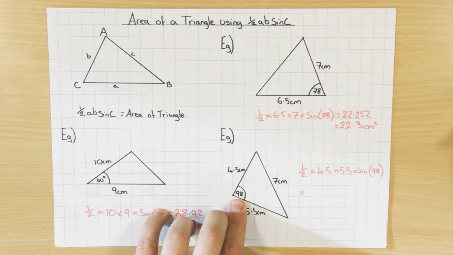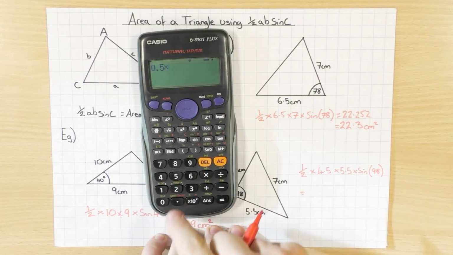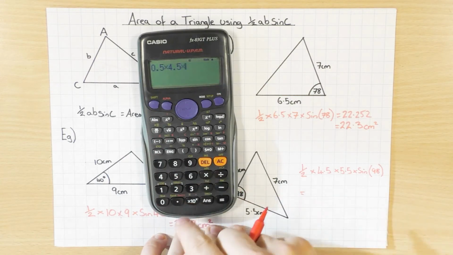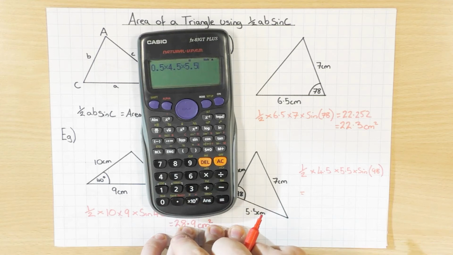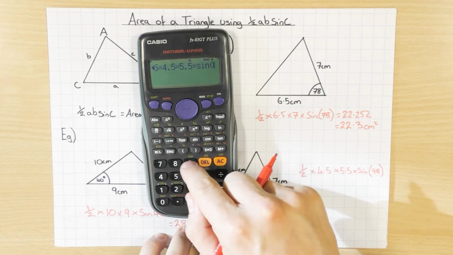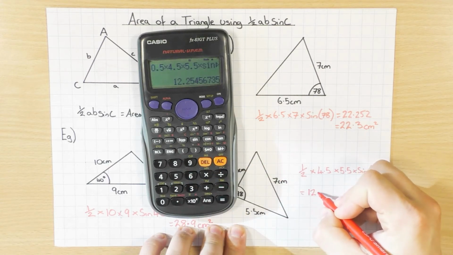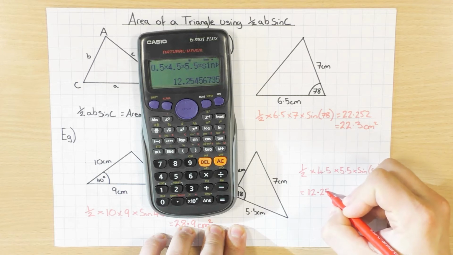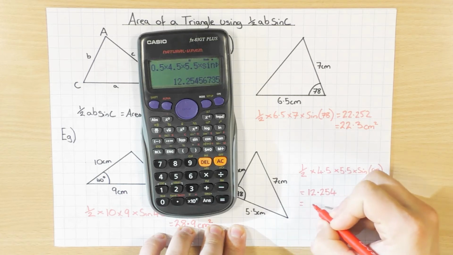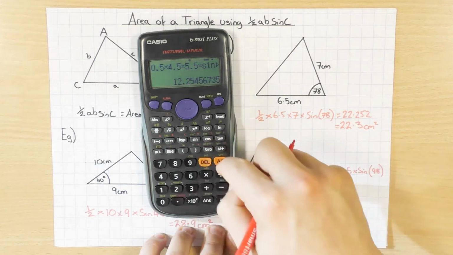And once I put that into my calculator, let's have a look. So 0.5 times 4.5 times 5.5 times sine, and this time 98, close the bracket. What do I have? I have 12.254, and again I'm going to round it to one decimal place to be 12.3 centimeters squared.